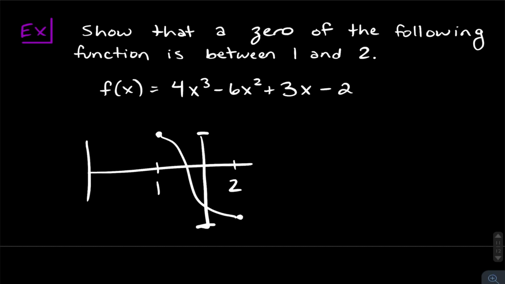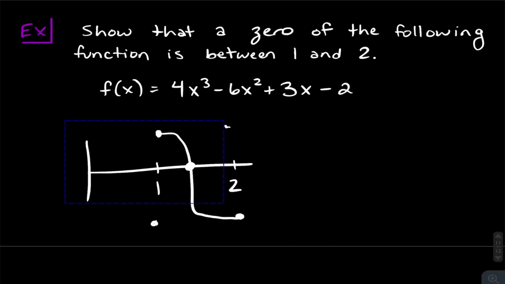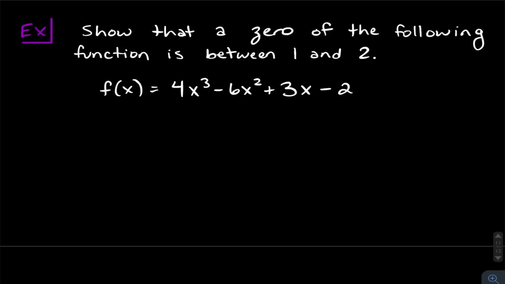When you draw that line in between them, no matter how you draw it, like this, it has to pass through the x-axis. So if we can find that f of 1 is positive and f of 2 is negative, or maybe the opposite way, we know from the intermediate value theorem that at some point it has to pass the x-axis to get from point A to point B. So that's what we're about to find out.